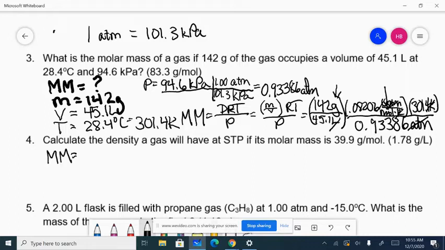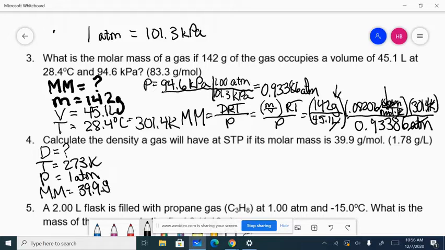I'm going to be solving for density. STP tells us that our temperature is 273 K and our pressure is 1 atmosphere. And molar mass is 39.9 grams per mole.